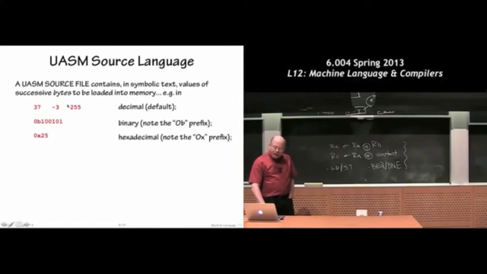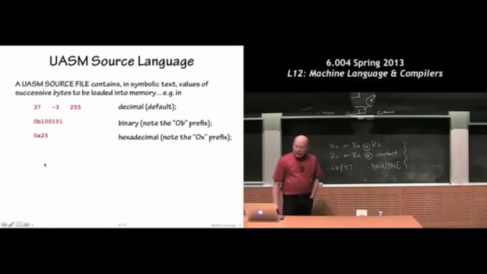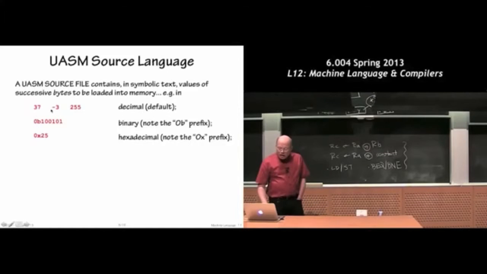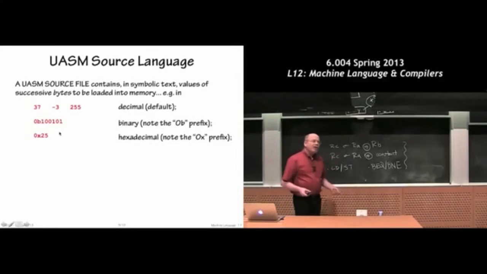Well, the simplest sort of assembly language program is just a list of numbers. We can write them in decimal or binary or hexadecimal, whatever is convenient for us. The assembler just takes each one of these numbers and turns them into, in this case, 8 bits worth of memory.